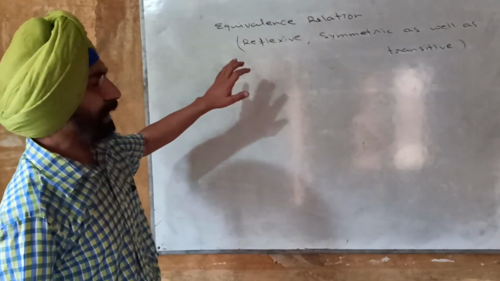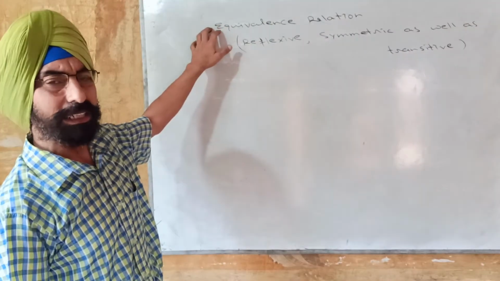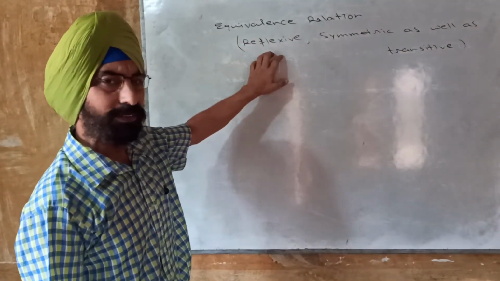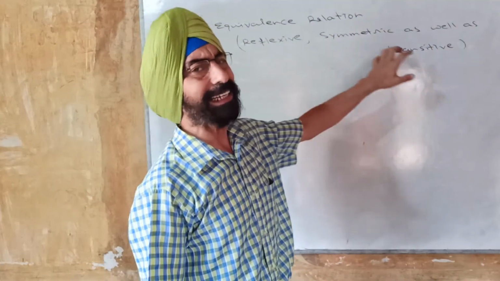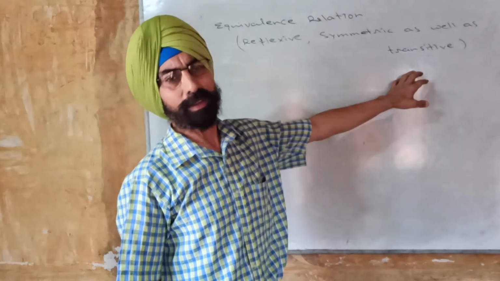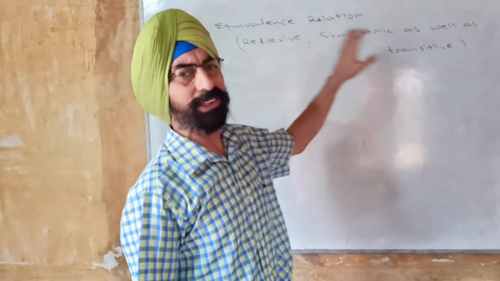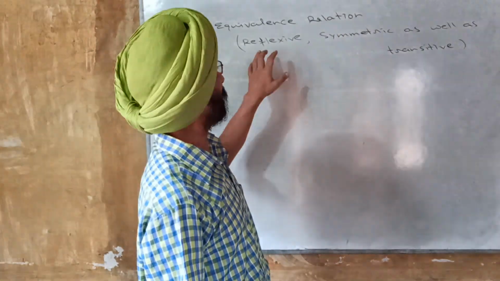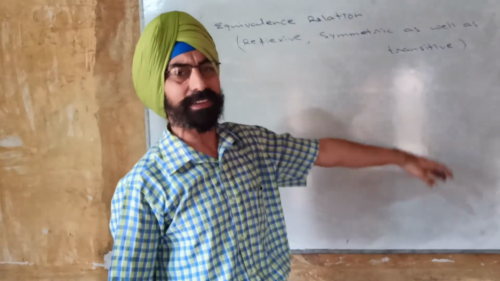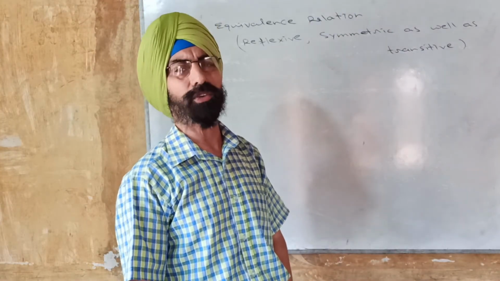So, a relation is an equivalence relation if and only if it is reflexive, it is symmetric, and it is transitive also. So, if a relation satisfies all the three conditions of reflexivity, symmetricity, and transitivity, then it becomes an equivalence relation.